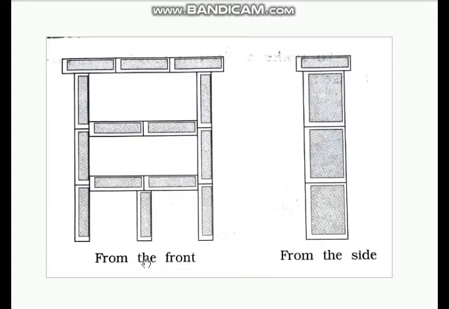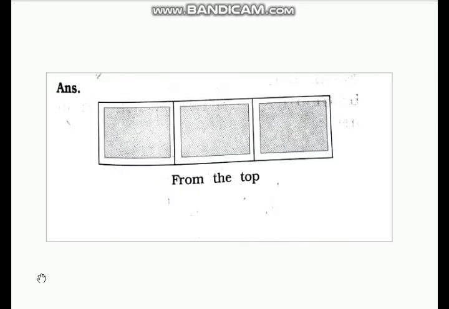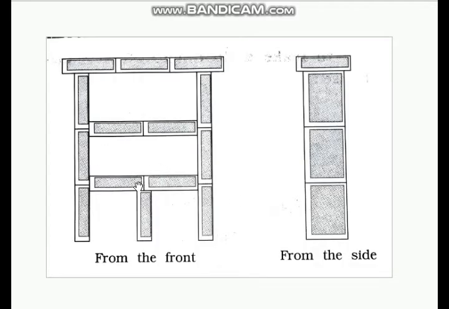This is the front view and this is the side view. For the answer, you have to draw 3 views and 3 drawings: from the top, from the front and from the side.